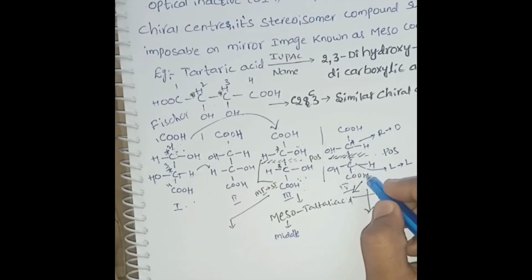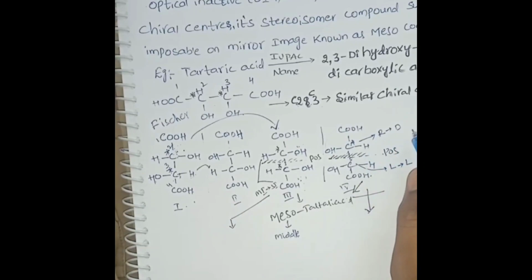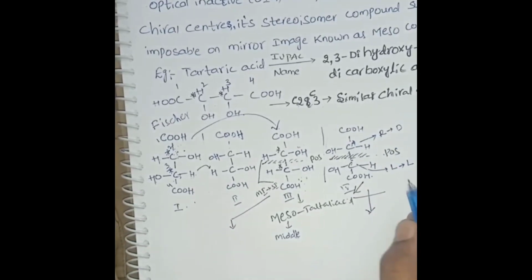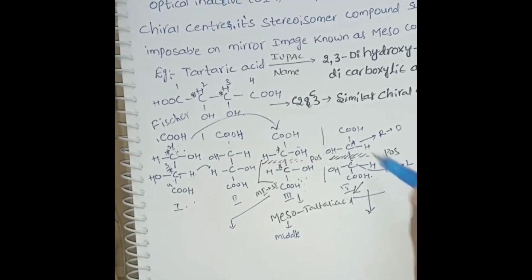So a similar center rotates the light equally but in the opposite direction, making the compound optically inactive. Equal and opposite rotation by the two halves of the molecule cancel each other and make it optically inactive.